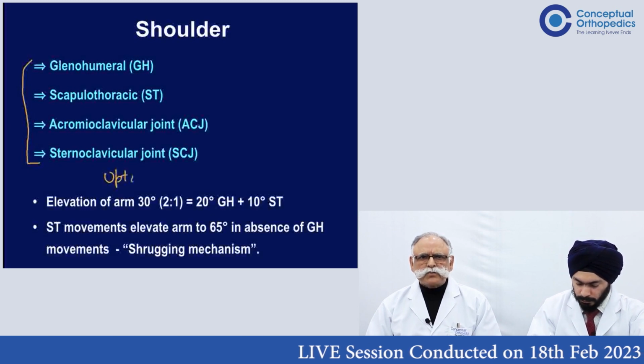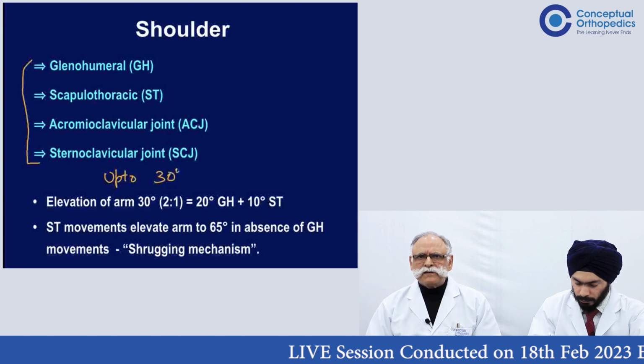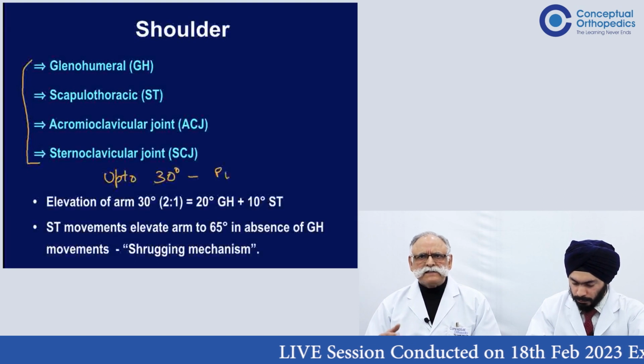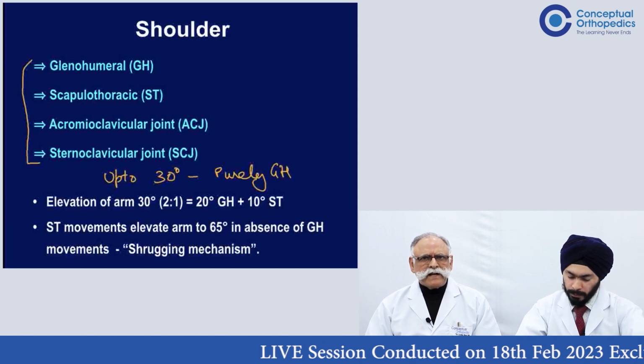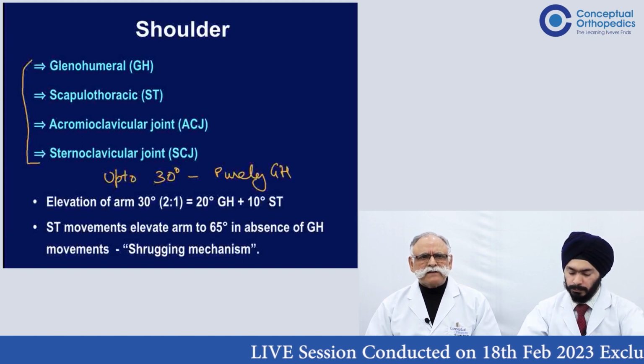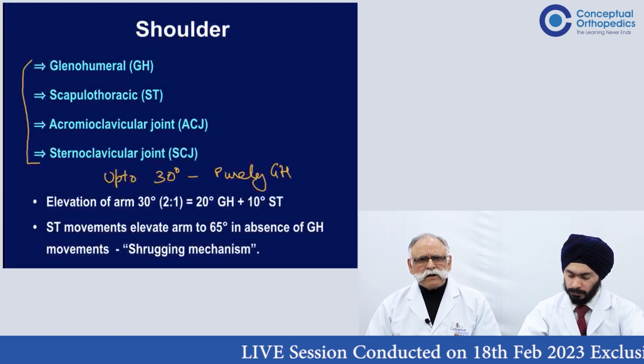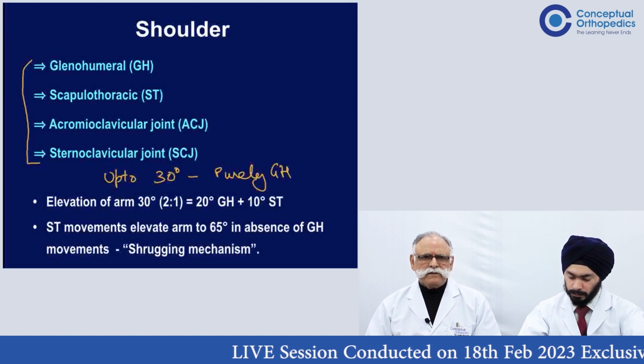So for every 20 degrees of glenohumeral movement beyond 30 degrees, 10 degrees of scapulothoracic movement takes place, right up to 120 degrees.